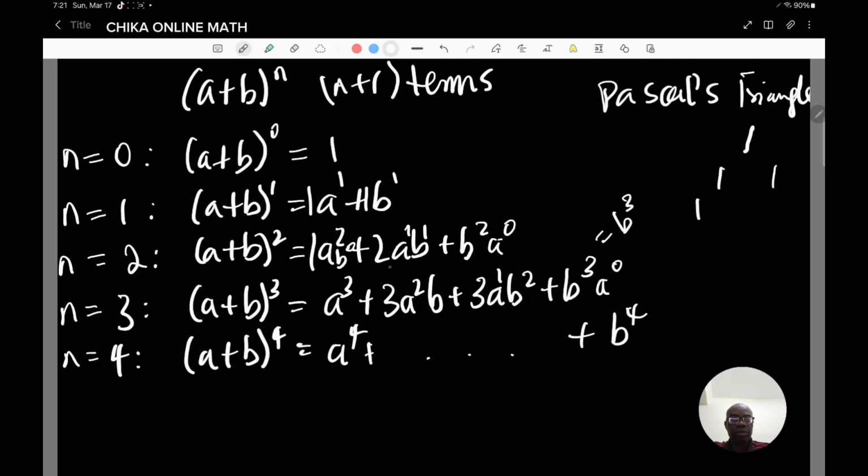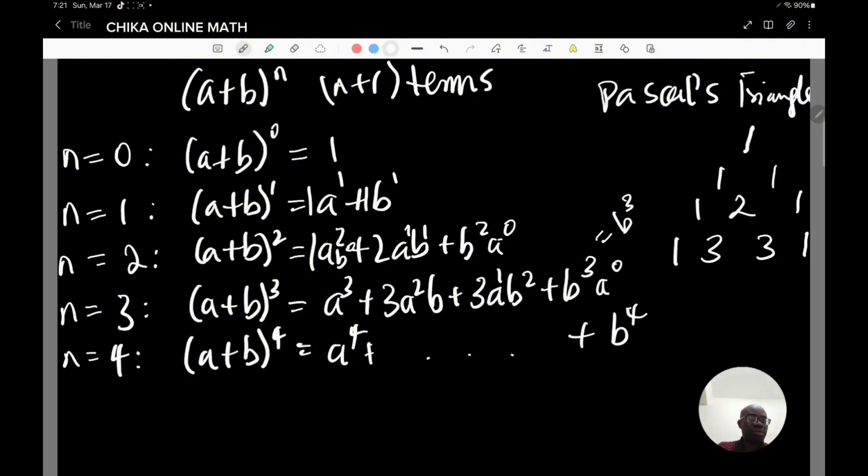The coefficient of the second one, 2ab, is 2. The coefficient of the third one, b squared, is 1. Now, what of a plus b raised to power 3? The coefficient of a raised to power 3 is 1. The coefficient of 3a squared b is 3. Then the other coefficient is 3. And the last coefficient, that of b raised to power 3, is 1.